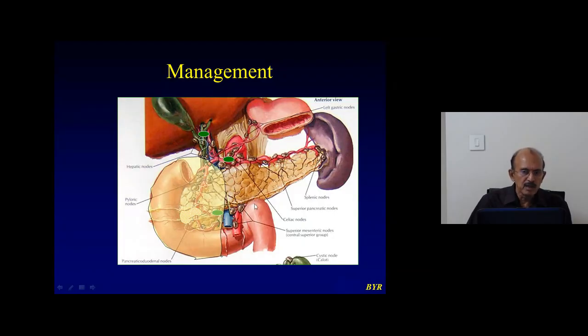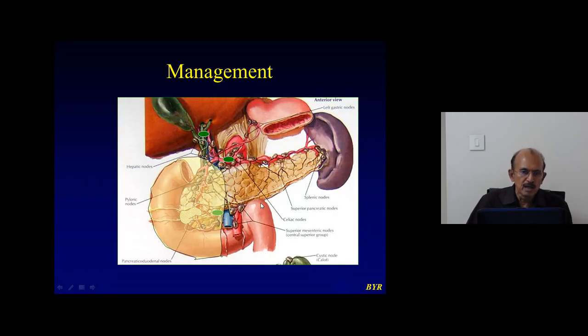More acid, when it flows directly into the jejunum, can lead to stomal ulcers. To prevent that, if you remove the antrum, the incidence of ulceration in the jejunum will be very, very less. So with these three aims, the pylorus was removed.